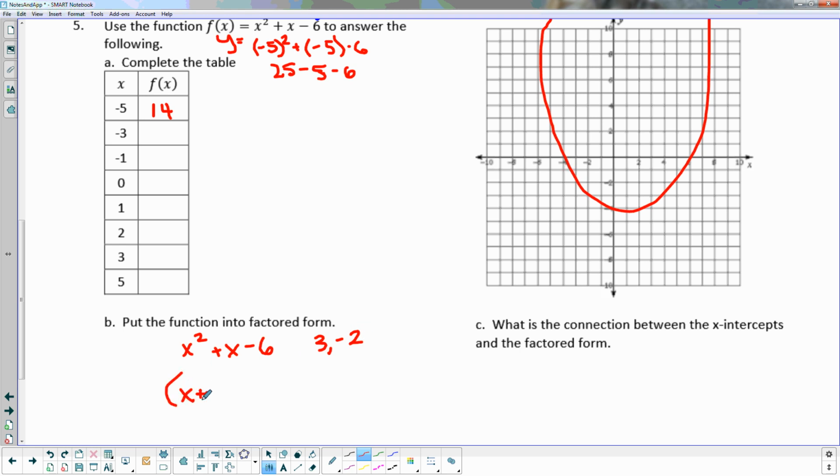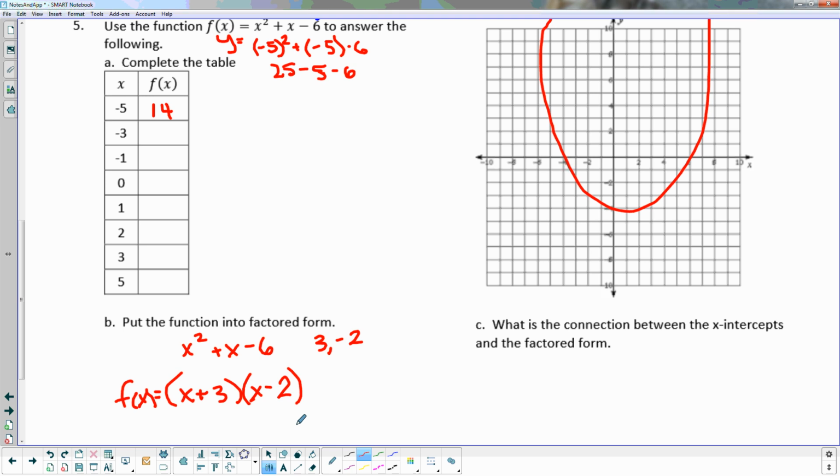So I get x plus 3 and x minus 2. And that's what my function equals. That's my f of x. It's an equivalent statement to what they gave me. So I could use this as my function.